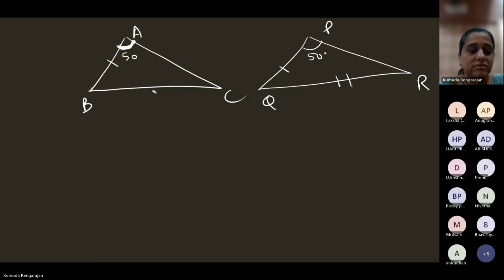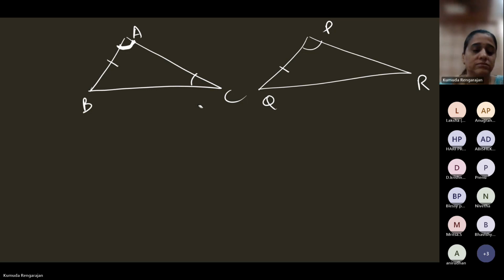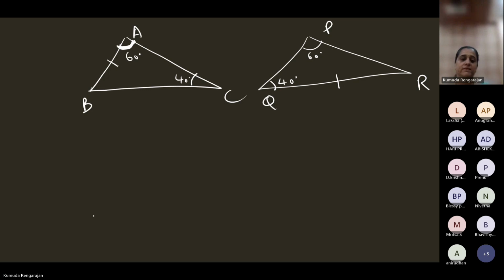I'm talking about AAS. All right. So now triangle ABC, triangle PQR, you can see the information.